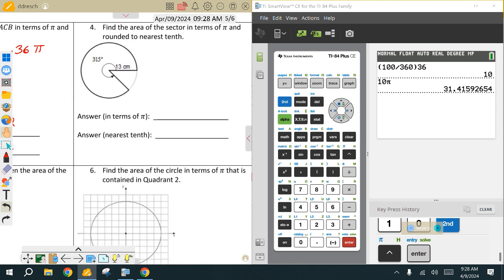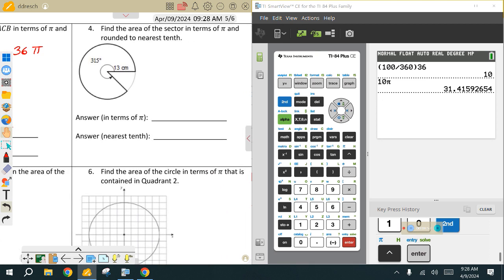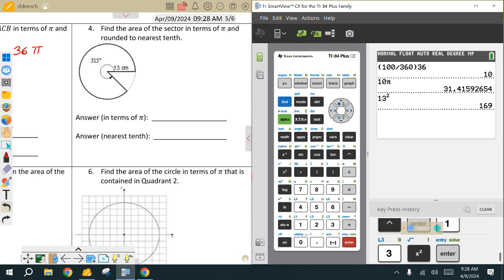Radius is represented. 13 squared. If you need to do that off to the side in your head, 13 squared is 169 pi. So there's my full circle. If we were to find the area of that full circle, it's 169 pi. We're not. We're finding most of it, but not quite: 315 out of 360. Go back to that calculator of ours.